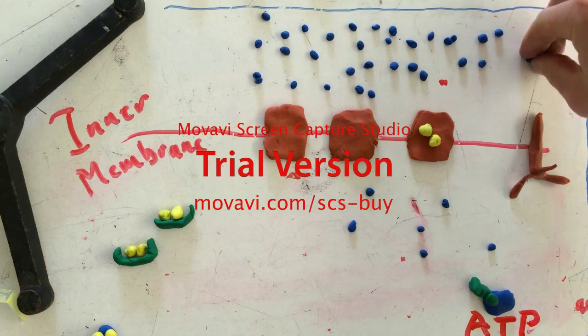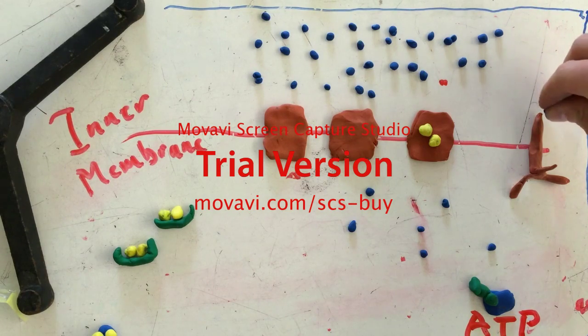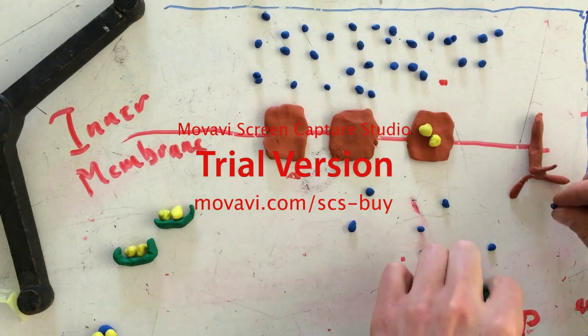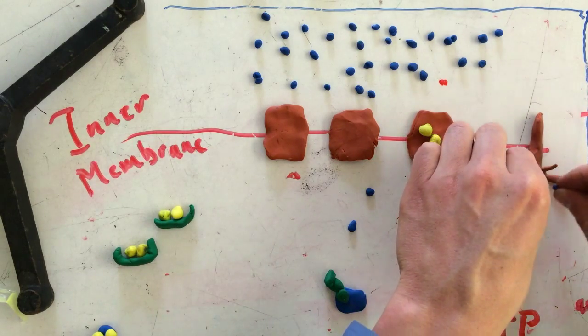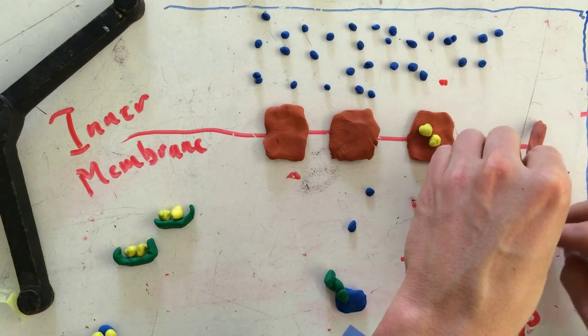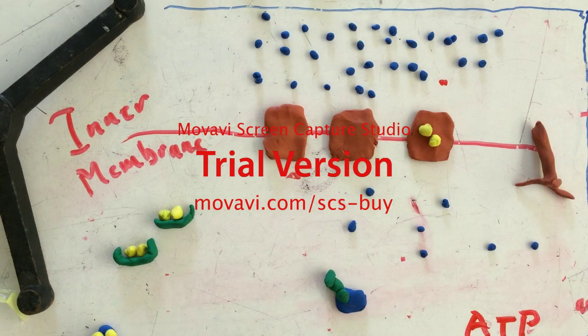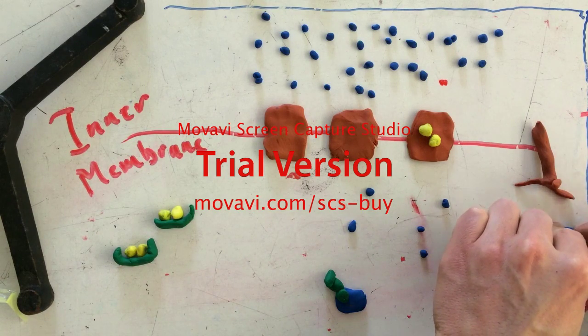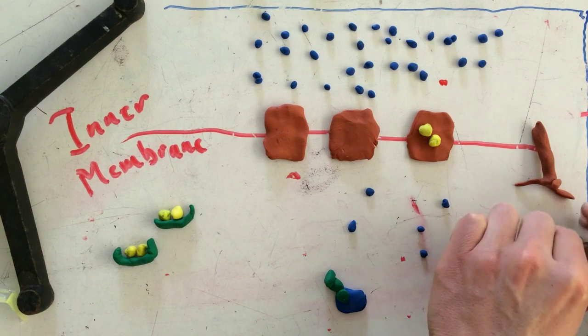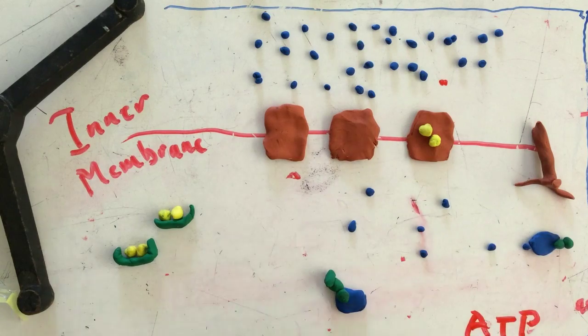So, to recap again, the hydrogen ions rushing back in cause ATP synthase to spin around. And as ATP synthase spins around, it takes phosphates and forces them onto an ADP molecule, thus creating ATP.